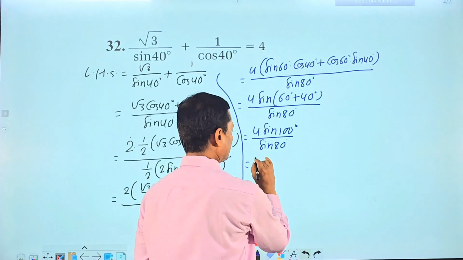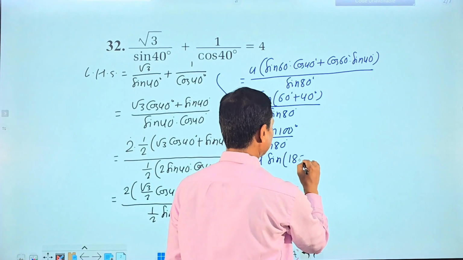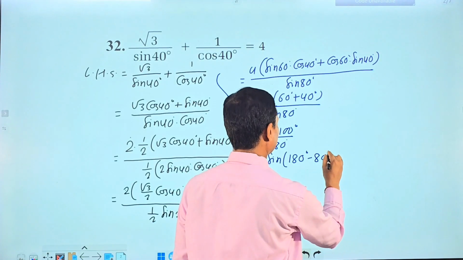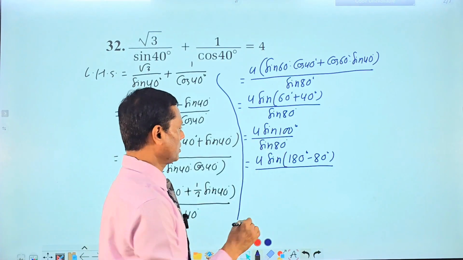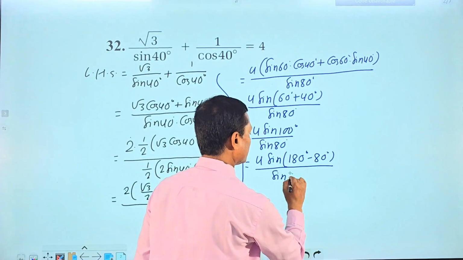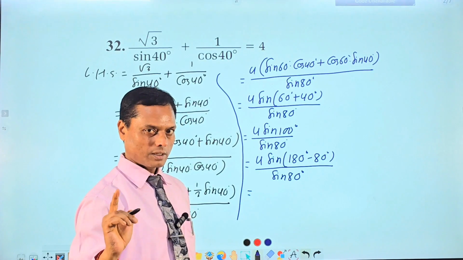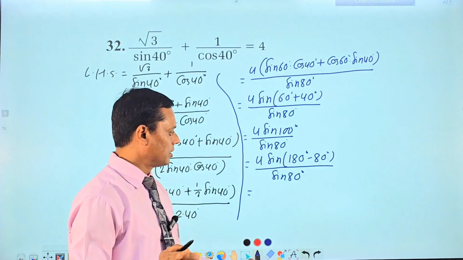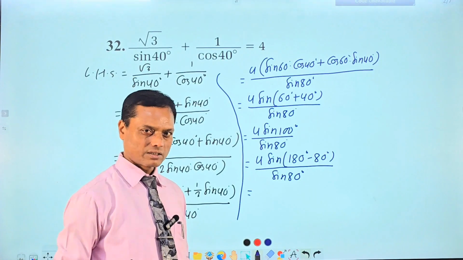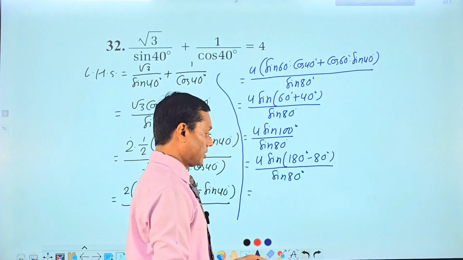Sine 100 degree, we can write as sine 180 degree minus 80 degree. Can we write or not? Because 180 degree minus 80 degree is 100 degree. Sure. That is sine 80 degree. Remember the CAST formula. If you don't know the CAST formula, I have already made one video, so you can search for it on my Digital Maths Academy channel.